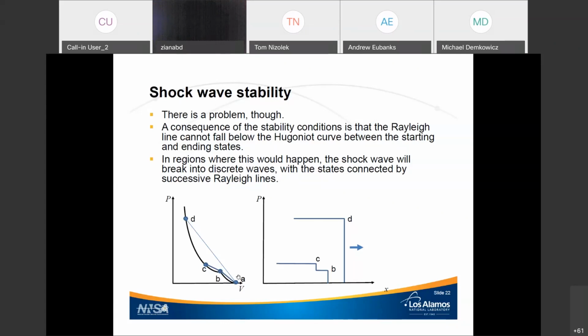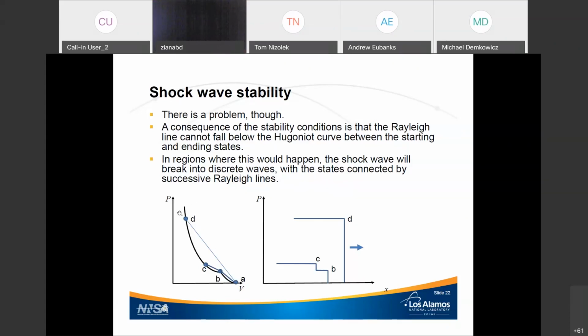One of the important consequences of this is that while there are questions, shockwaves are extremely fast, so how can things be in equilibrium?